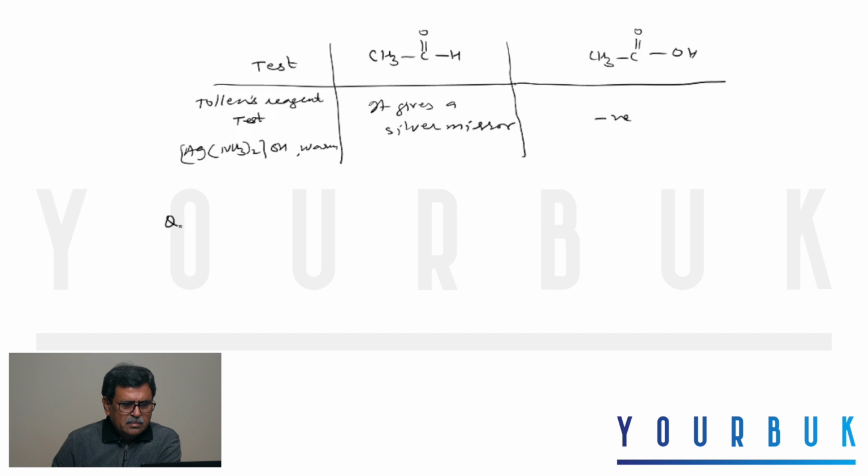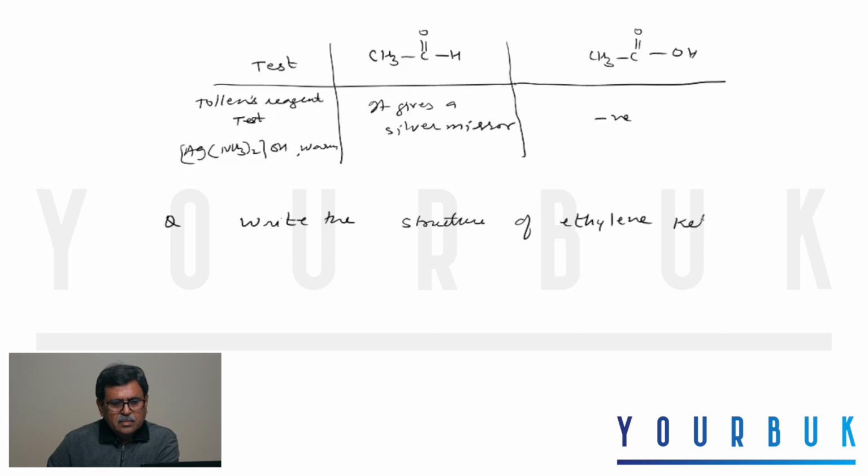For example, if you have a question, write the structure of the ethylene ketal of cyclobutanone. Now in this case, it's very difficult to write the structure directly.